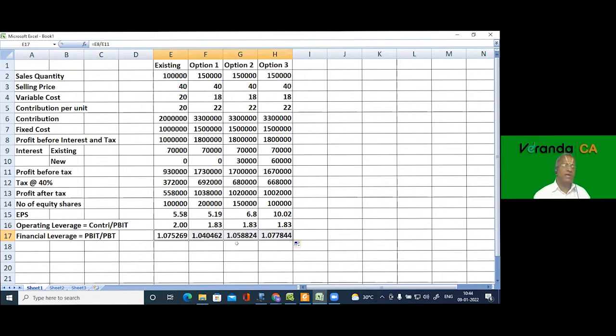Or even PAT also you can work out, no problem at all. So, or PBIT divided by PAT. If that be the case, then PBIT divided by PAT. Same number you will not be getting, but that is also an evaluation process.